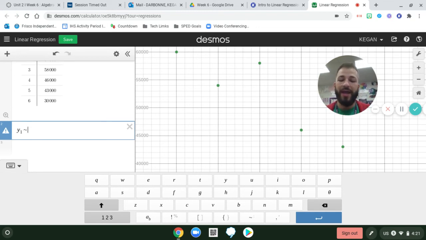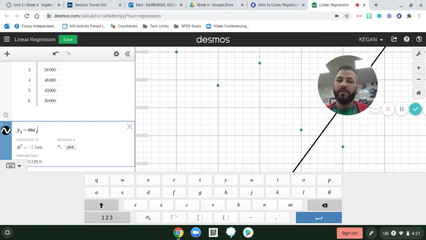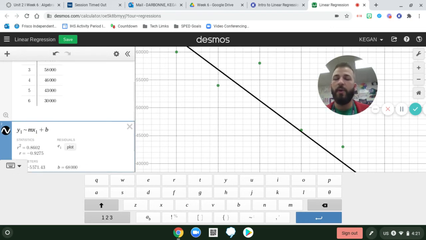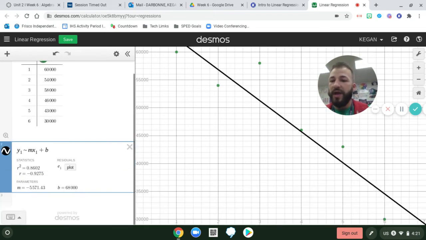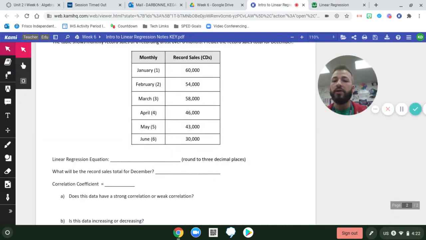Okay, and then I want mx1 for slope, and then my x values plus b for my y equals mx plus b. So we can see our line going through there. If we click away our keyboard, we can see all the metrics we want, our R value, our M, and our B value.